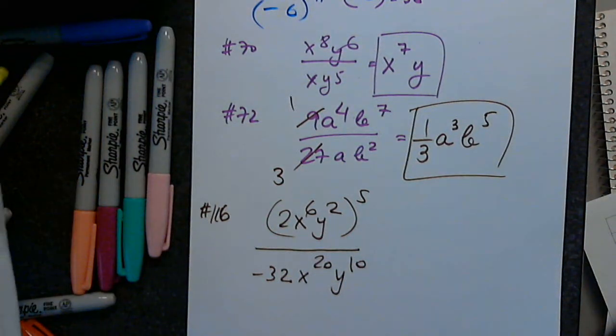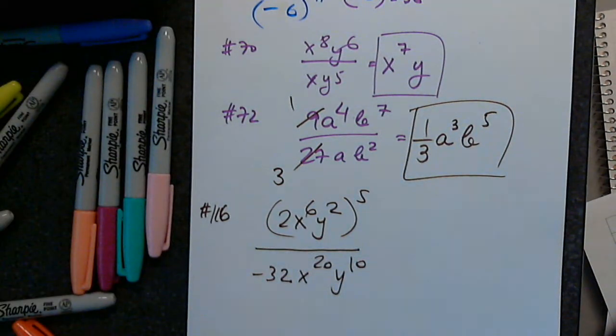And let me tell you, after you copy it down, what I would like to do. Ready? I would like to simplify y to the 2nd power divided by y to the 10th.